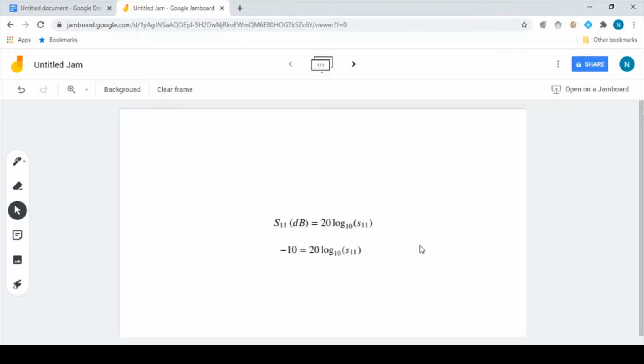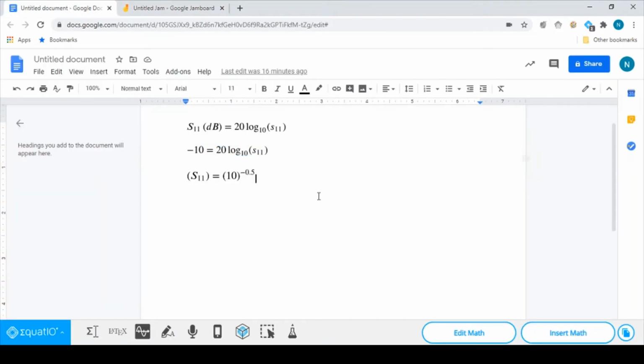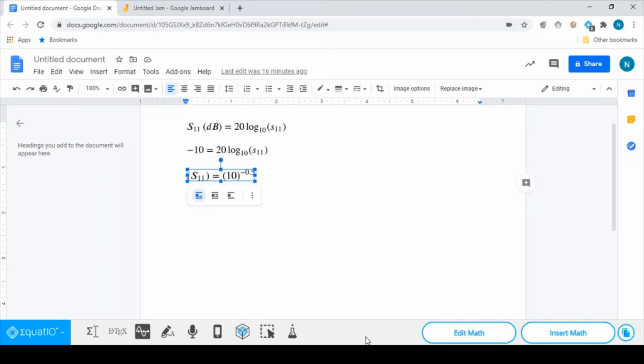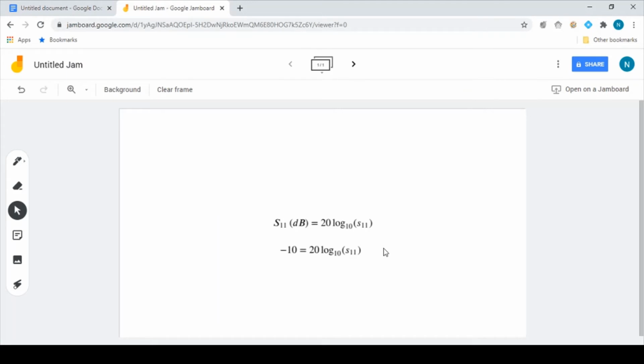So now I need to find the S11 value, and the S11 value is given by this equation.